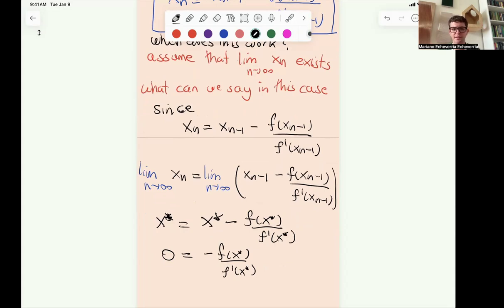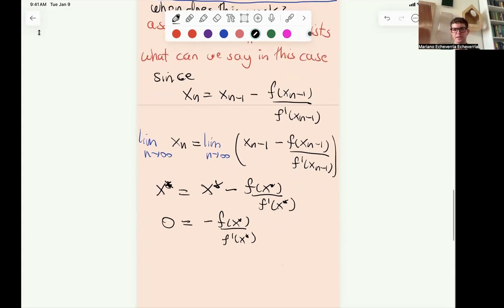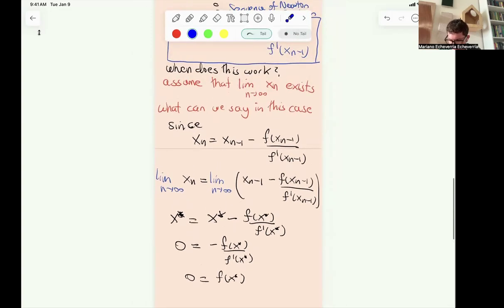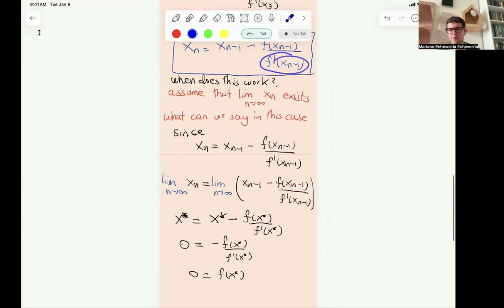In fact, implicit in this sequence, for it to all work, this method would collapse if at some point you happen to be unlucky and the derivative vanishes at one of these points, right? Because then you're dividing by 0.